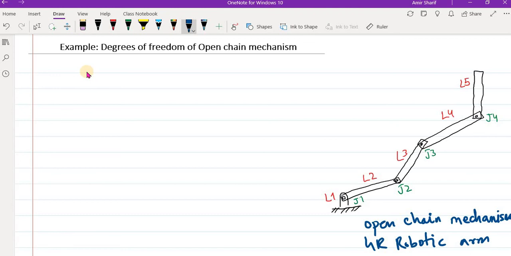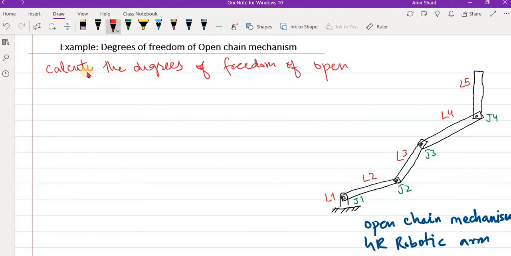Now the problem is that we have to calculate the degrees of freedom of the open chain mechanism given in the figure below.